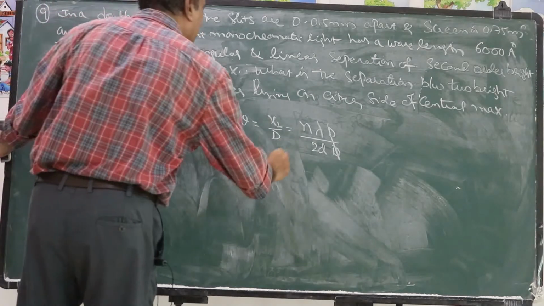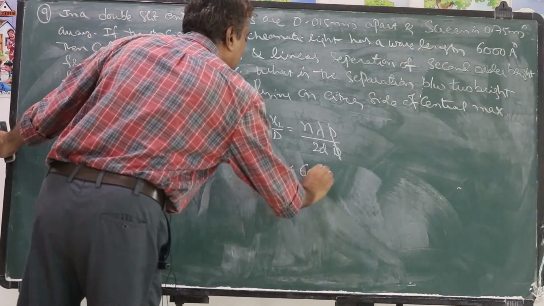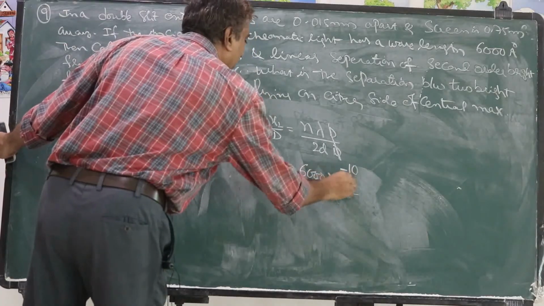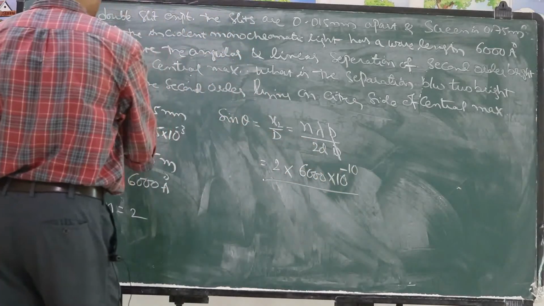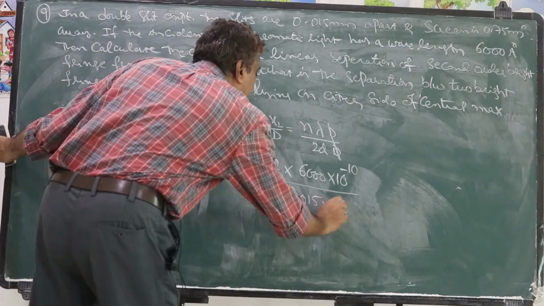That is, given n is 2, so 2 into 6000 into 10 power minus 10 by 2d. 2d is this 0.015 into 10 power minus 3.